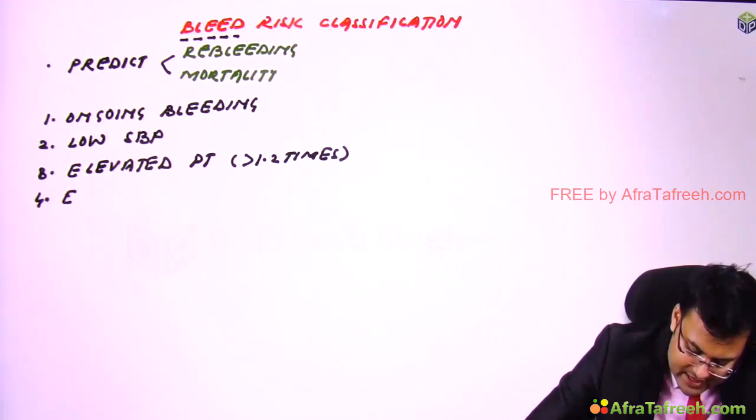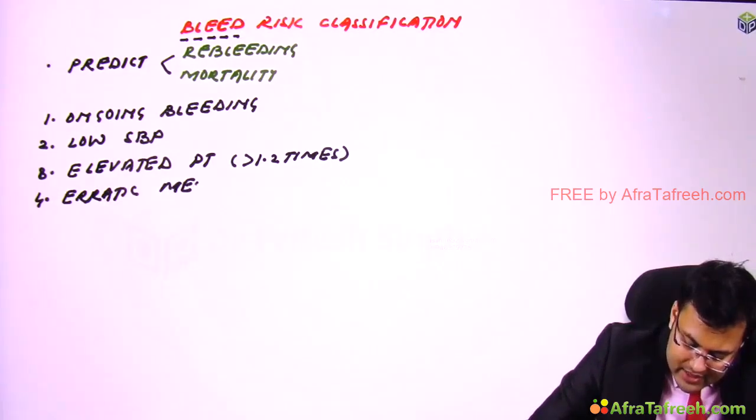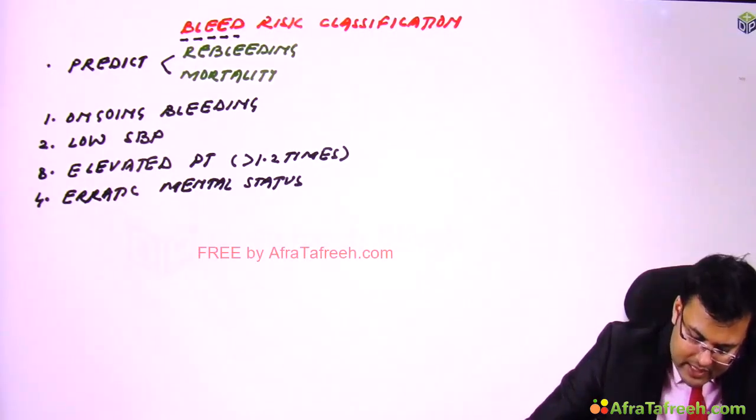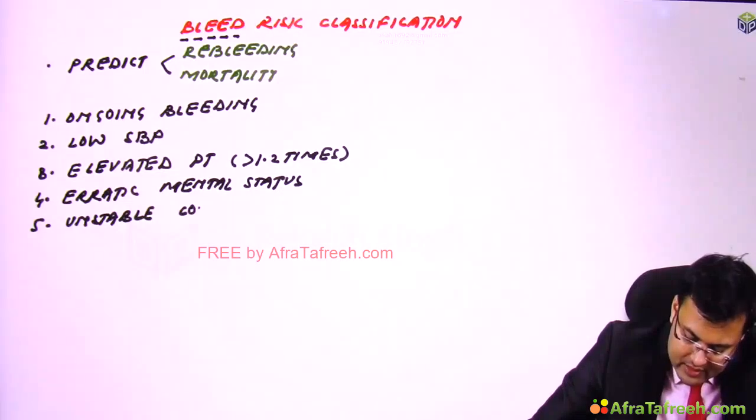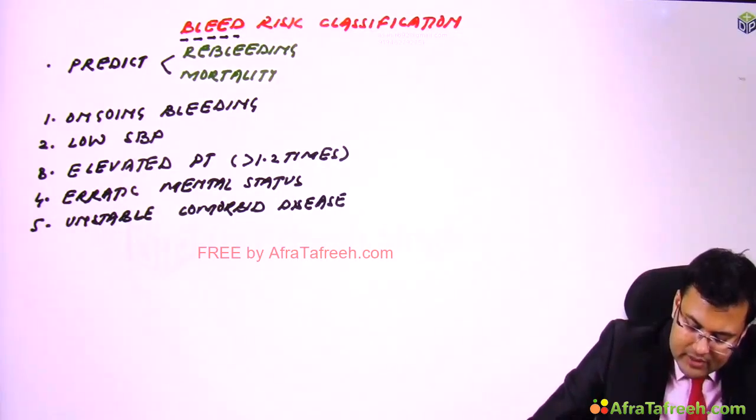Fourth, erratic mental status. And fifth is unstable comorbid disease. So what are the 5 parameters?